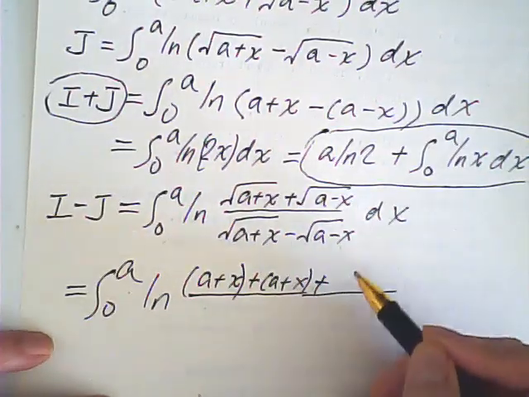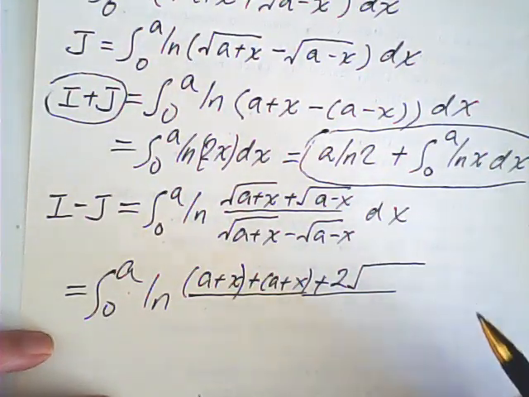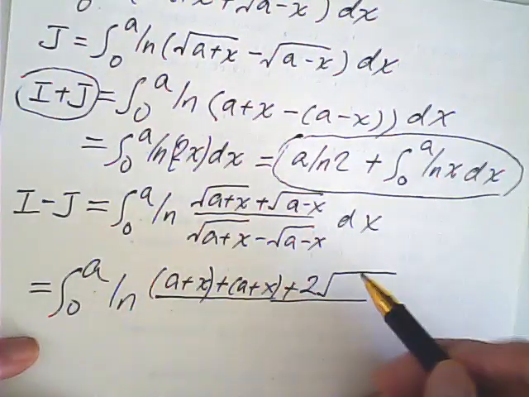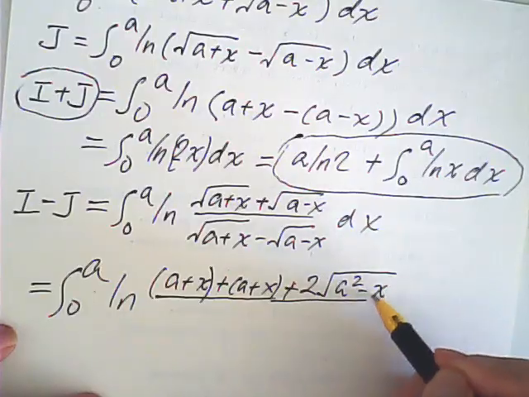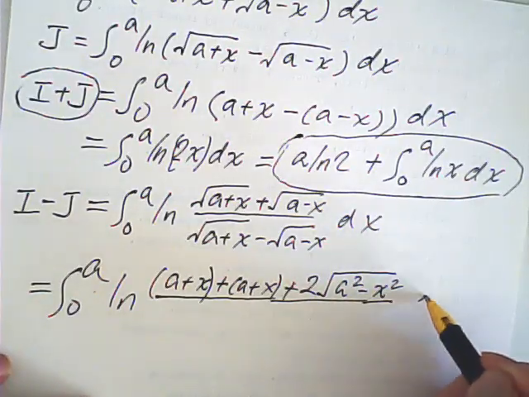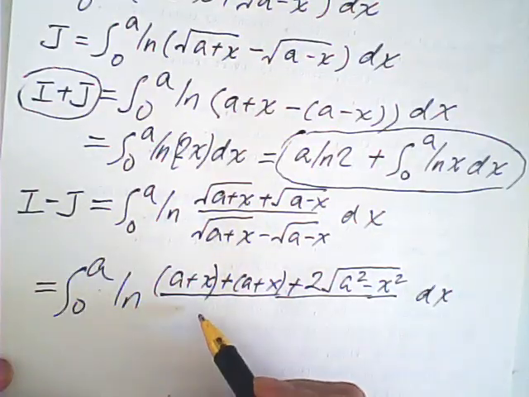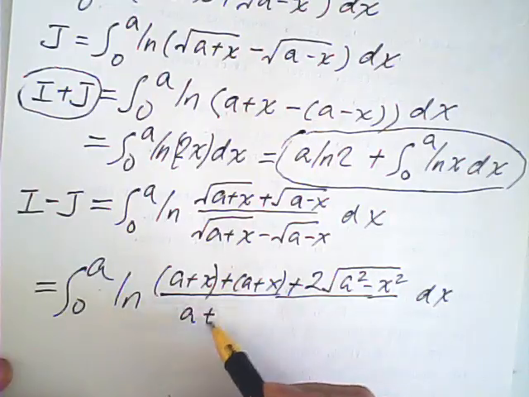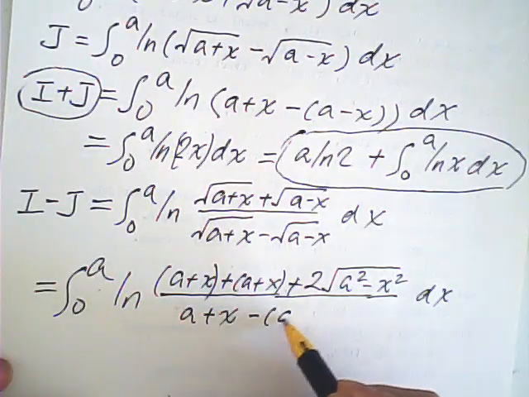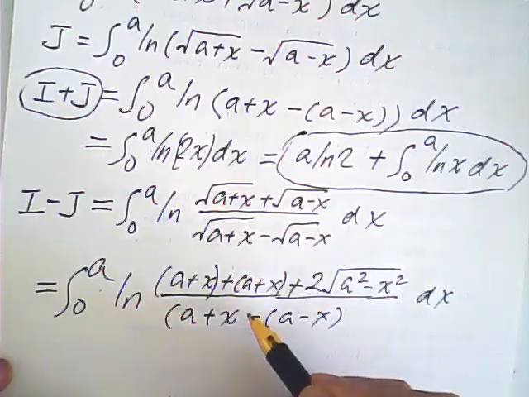And plus twice this times this one, which is the square root of a squared minus x squared. The bottom will be this squared minus this squared, right?